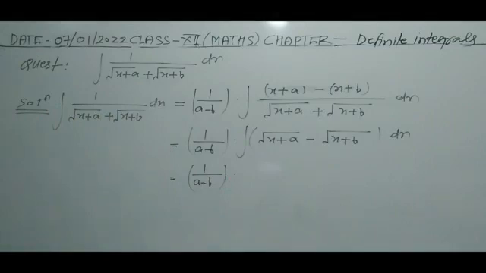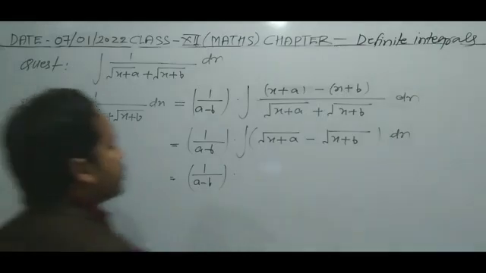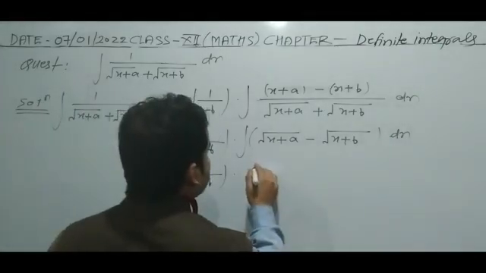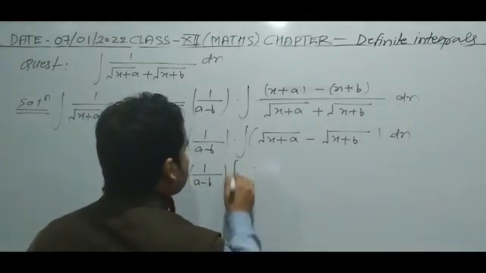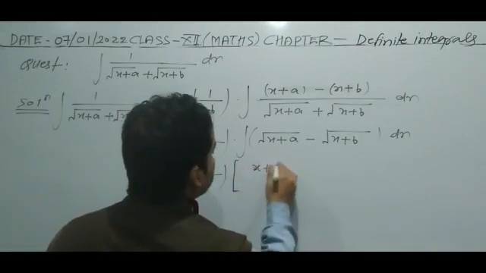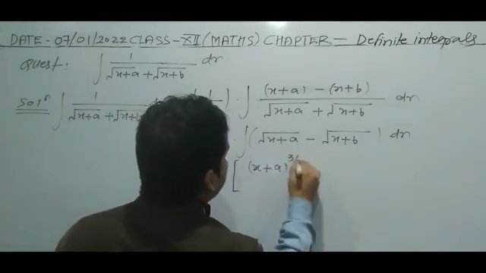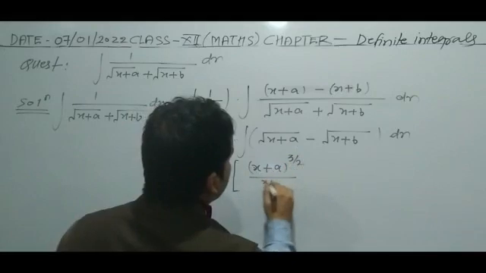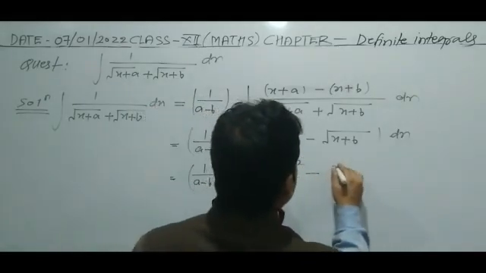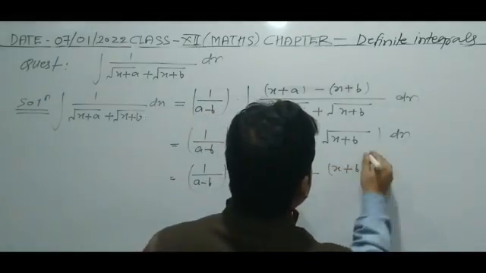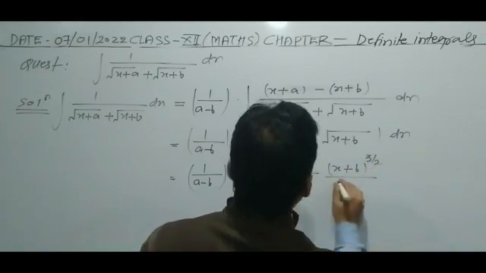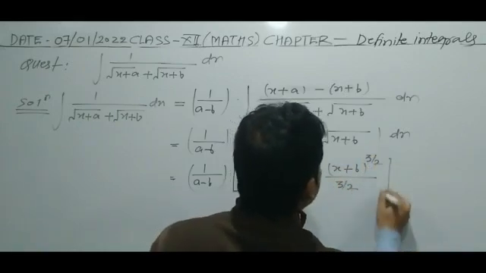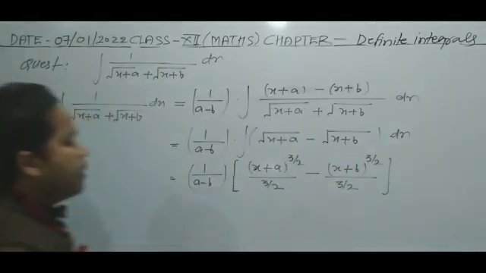So the first integration result is x plus a power 3 by 2 whole upon 3 by 2 minus x plus b power 3 by 2 whole upon 3 by 2, and now plus c.